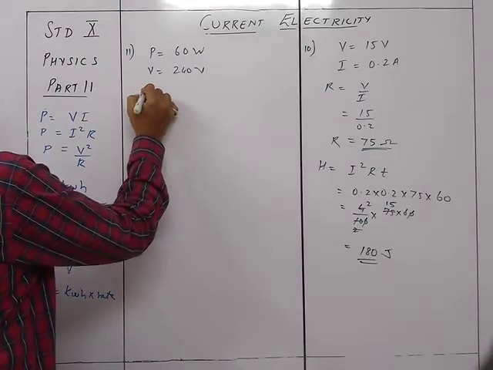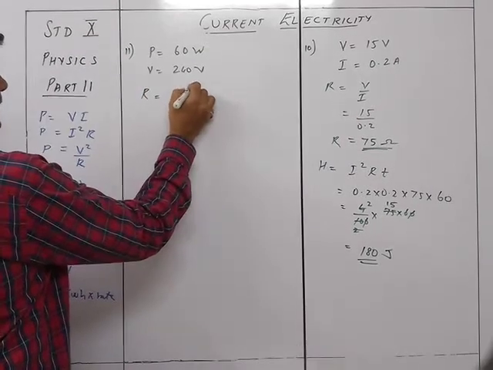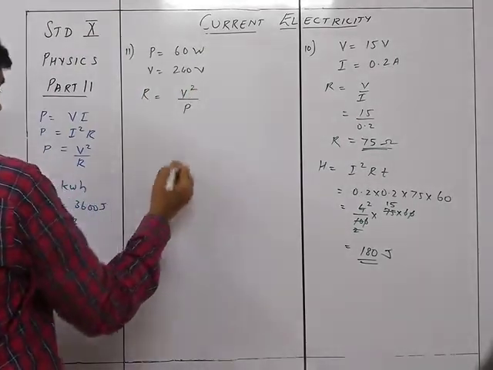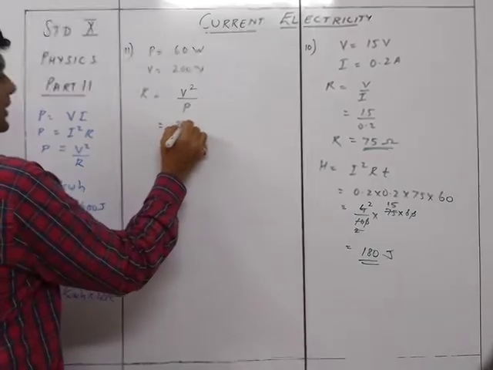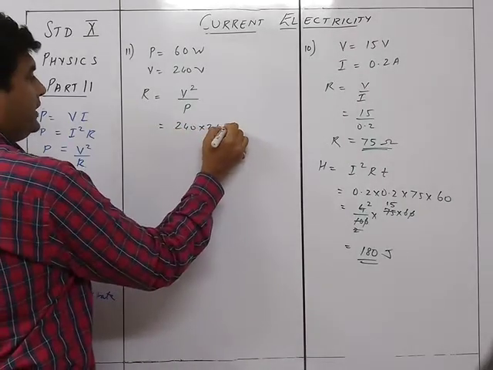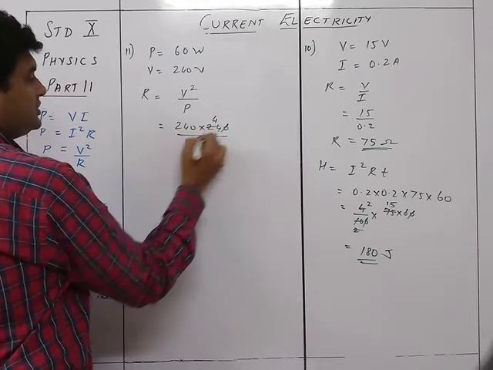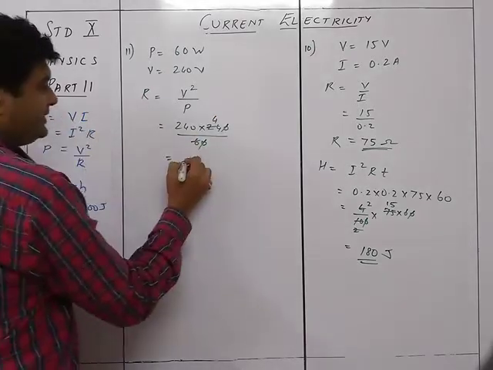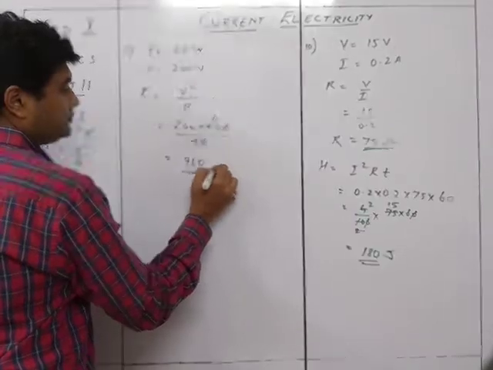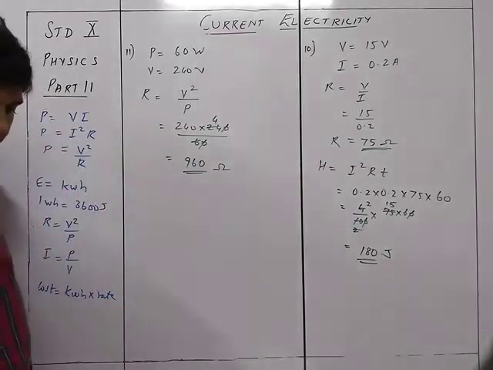We need to find the resistance. R is equal to V square upon P, so it is equal to 240 into 240 upon 60, which is 960 ohms.